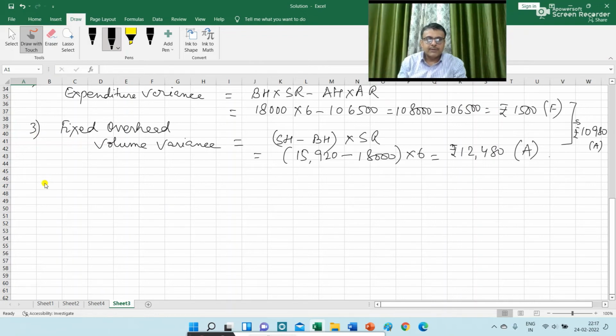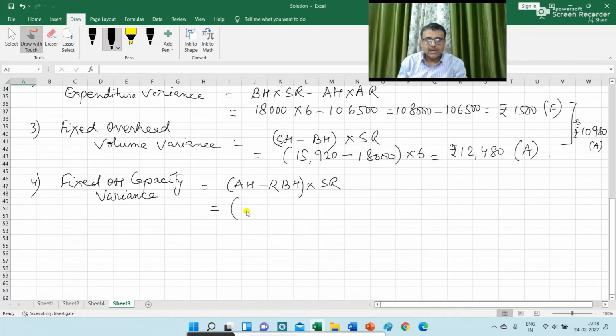The fourth variance that we calculate under fixed overhead volume variance is fixed overhead capacity variance. Fixed overhead capacity variance is equal to actual hour minus revised budgeted hour into standard rate.